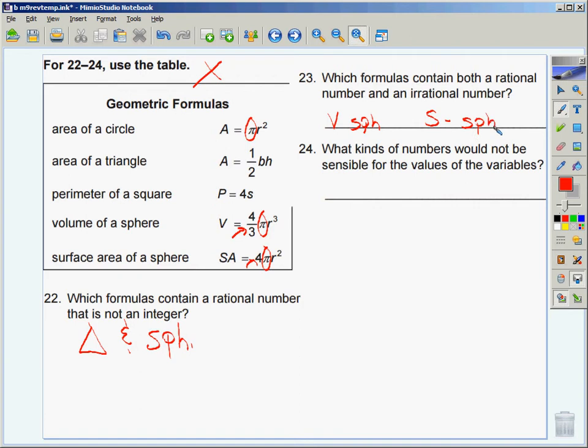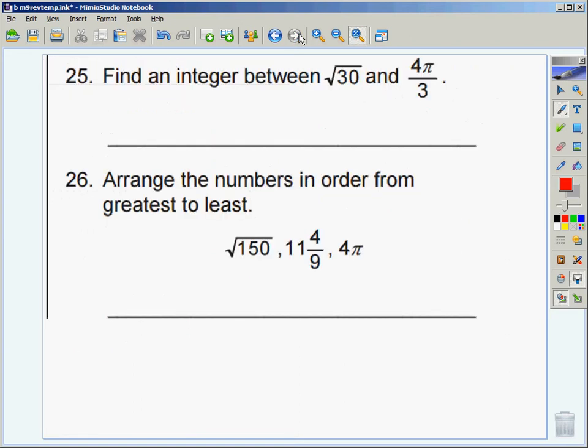And what kind of numbers would not make sense for the values of the variables? If I'm talking about the variables themselves, any negative number would not make sense since they're talking about distance. But again, remember these you don't have to do.